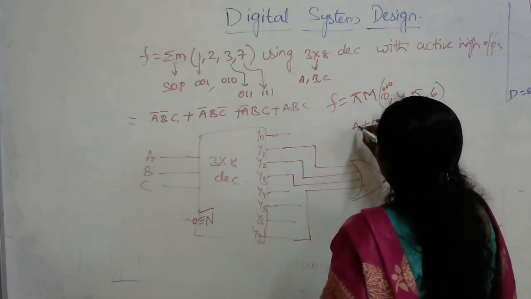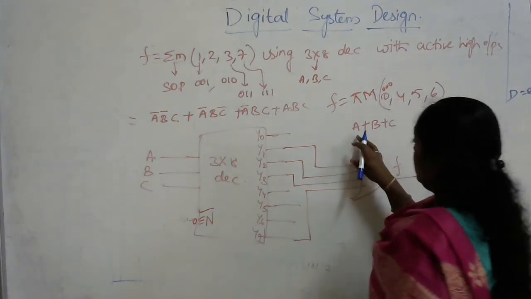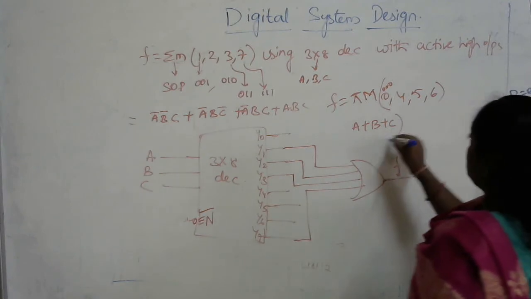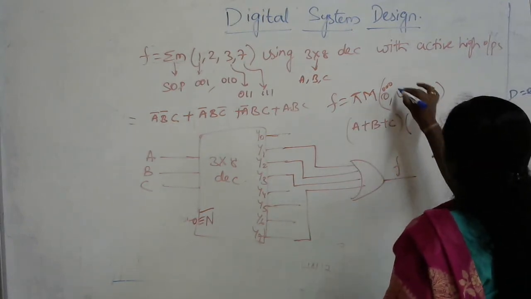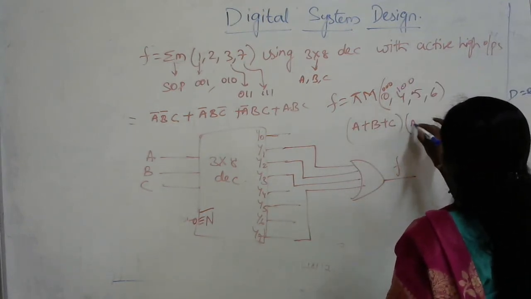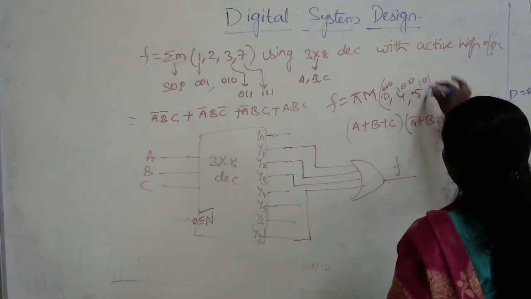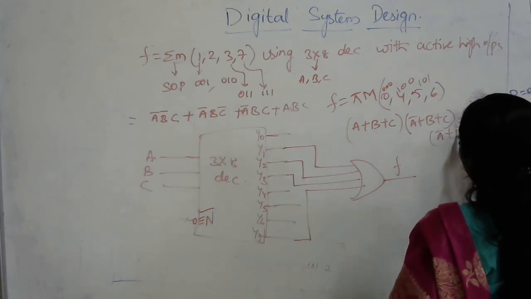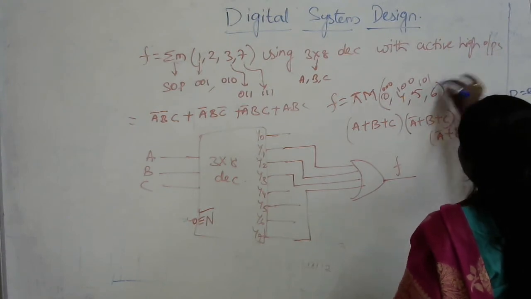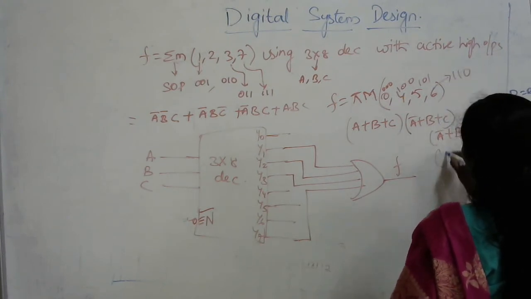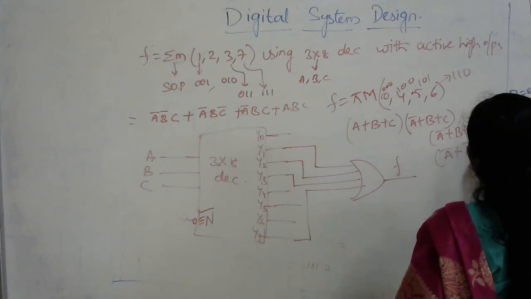In case of POS, it should be in the uncomplemented form, that is A plus B plus C into 4, which is 100, A bar plus B plus C into 5, which is 101, that is A bar plus B plus C bar, 6 is 110 into A bar plus B bar plus C.